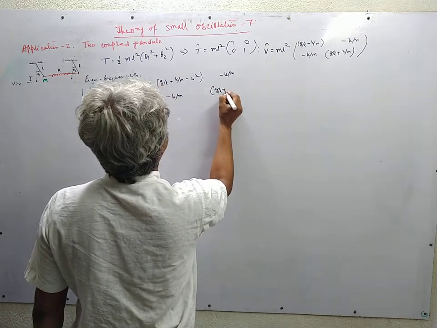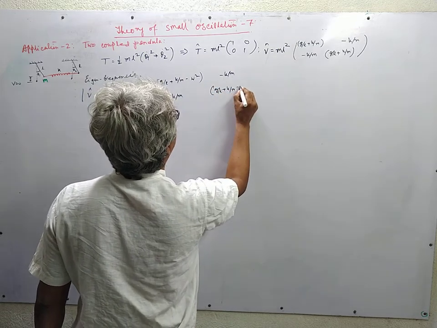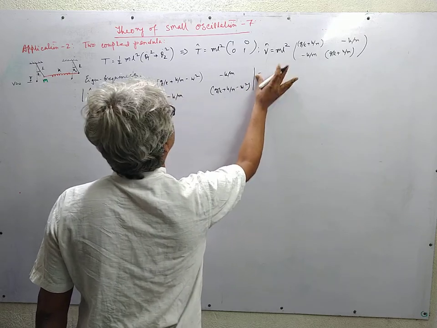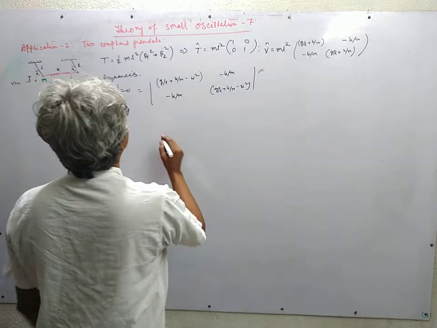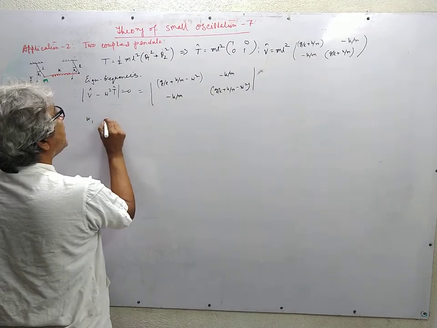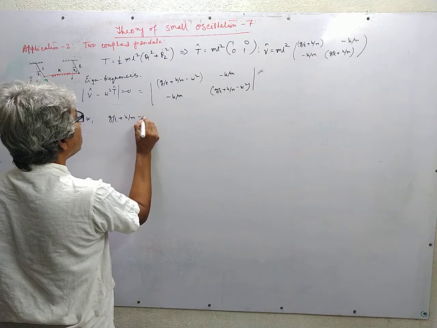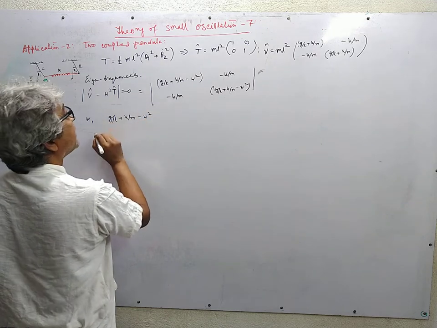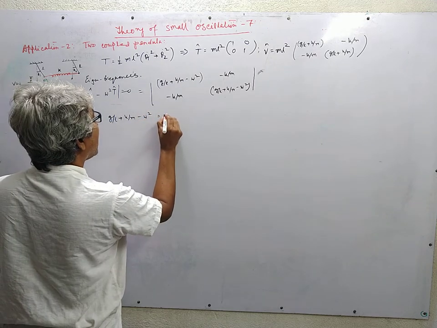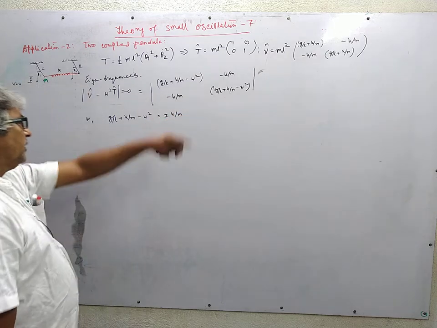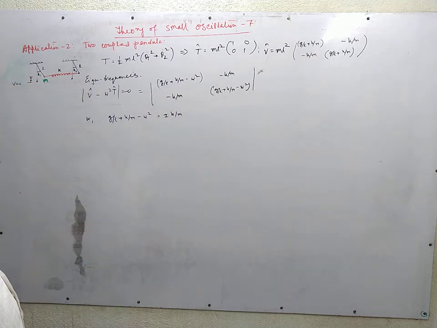This is (G/L + K/M - omega square) = 0, which gives us G/L + K/M - omega square is equal to plus minus K/M, if we evaluate the determinant.